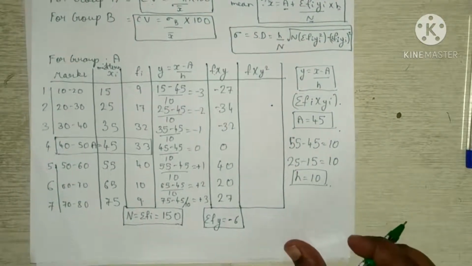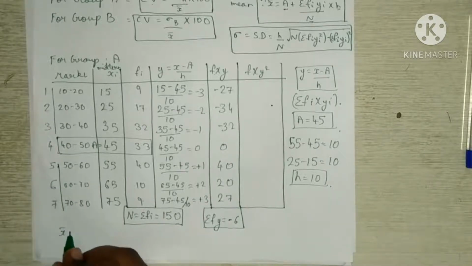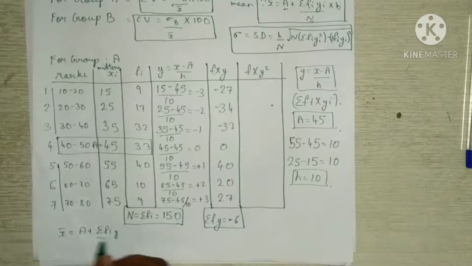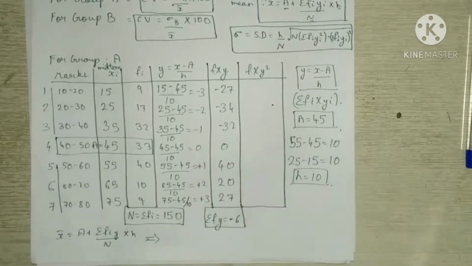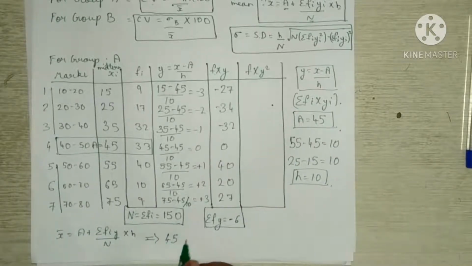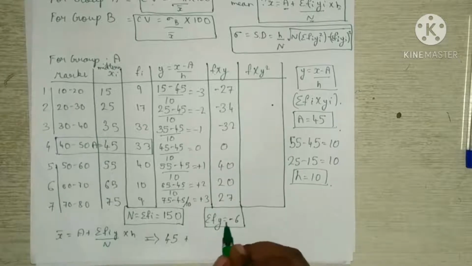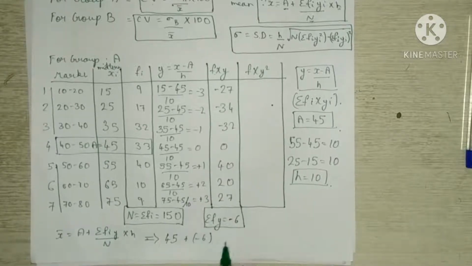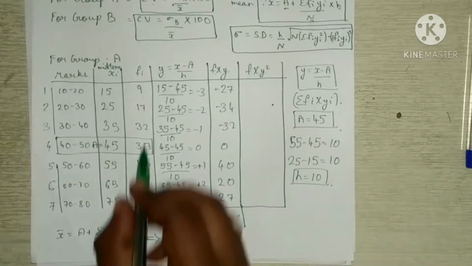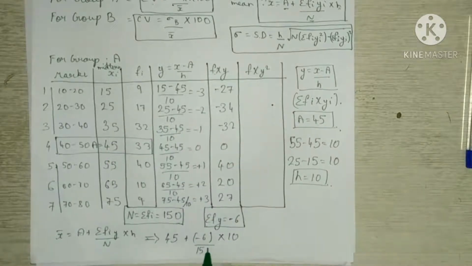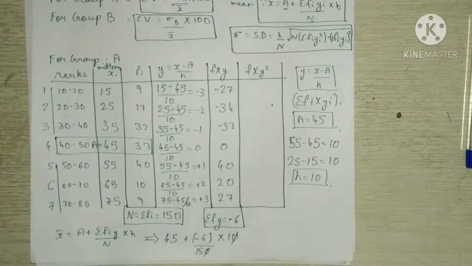Okay, mean x bar is equal to a plus summation f into y by n into h. You will get a, which is nothing but 45. 45 plus summation fy, which is minus 6, into h, which is 10, by n. N is nothing but 150, by adding all the frequencies.